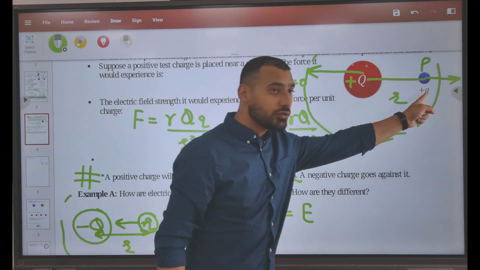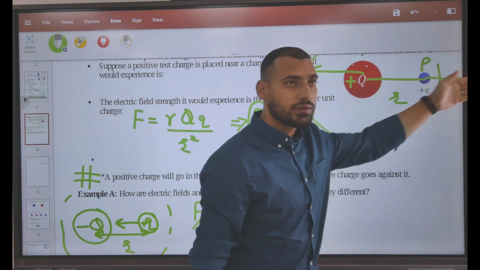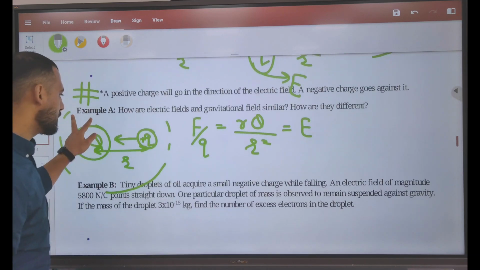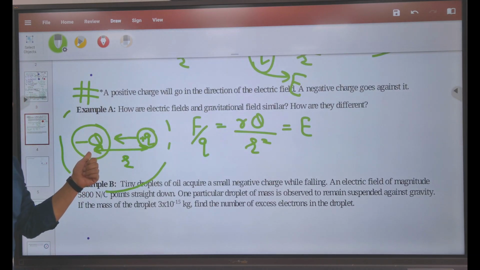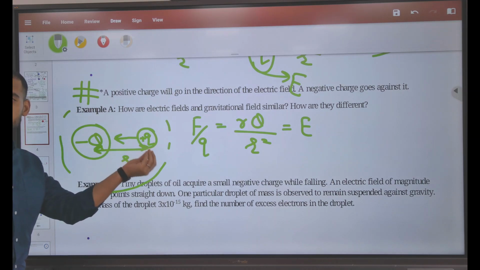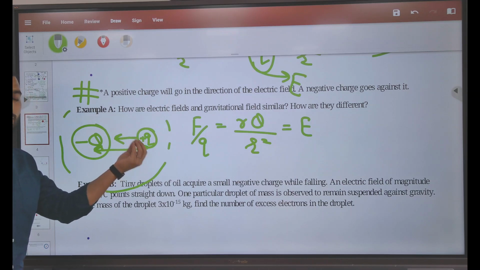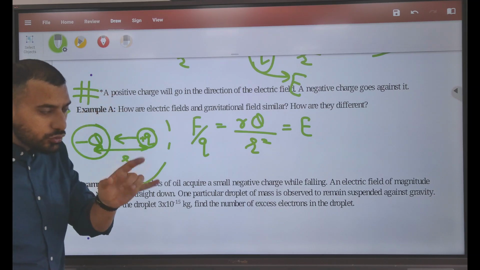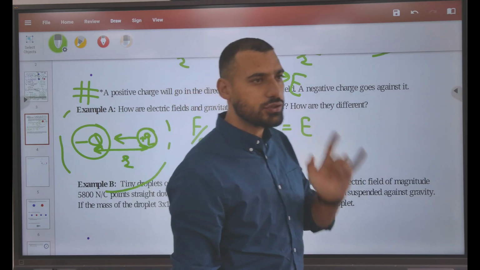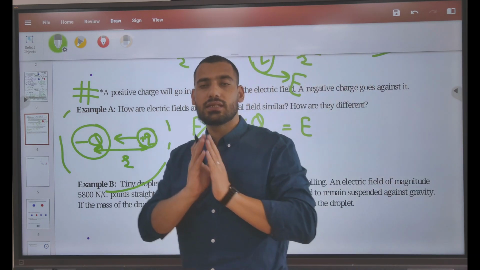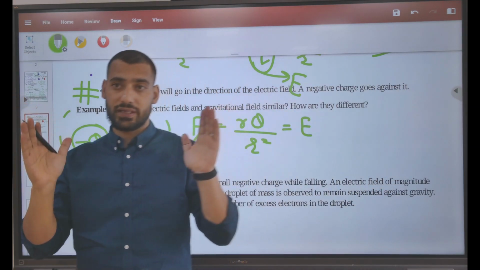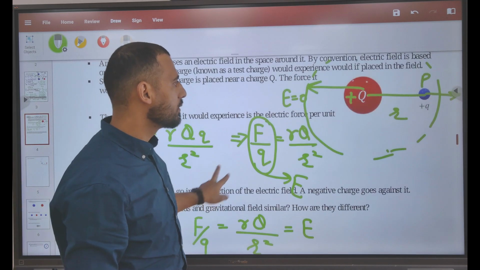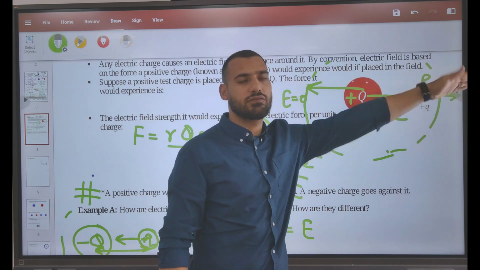When the charge is positive, this charge goes away from the positive charge, isn't it? And when the charge is negative, then the point charge that you have brought inside the field will come towards it, isn't it? So remember, write the point. For a positive charge, electric field is away because it is a vector quantity. The direction of force is away, isn't it? So for a positive charge, the force is away, therefore electric field is away.